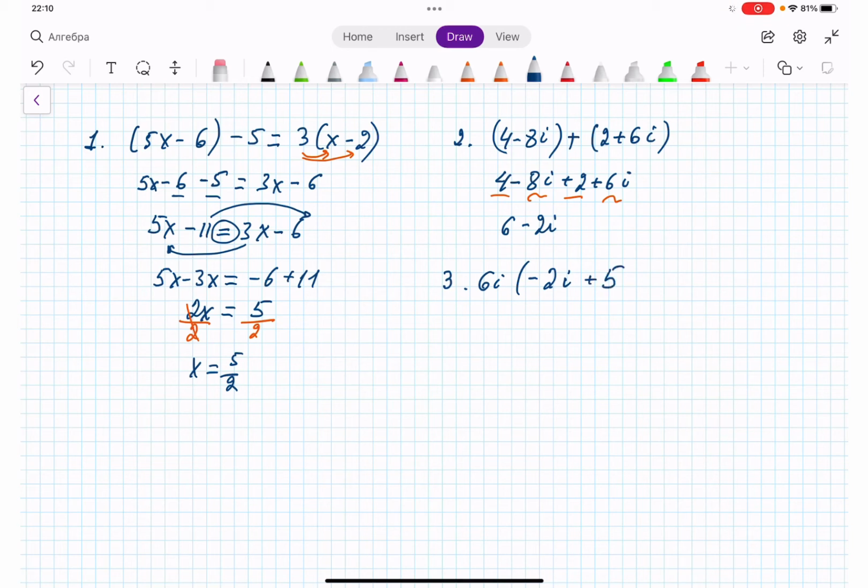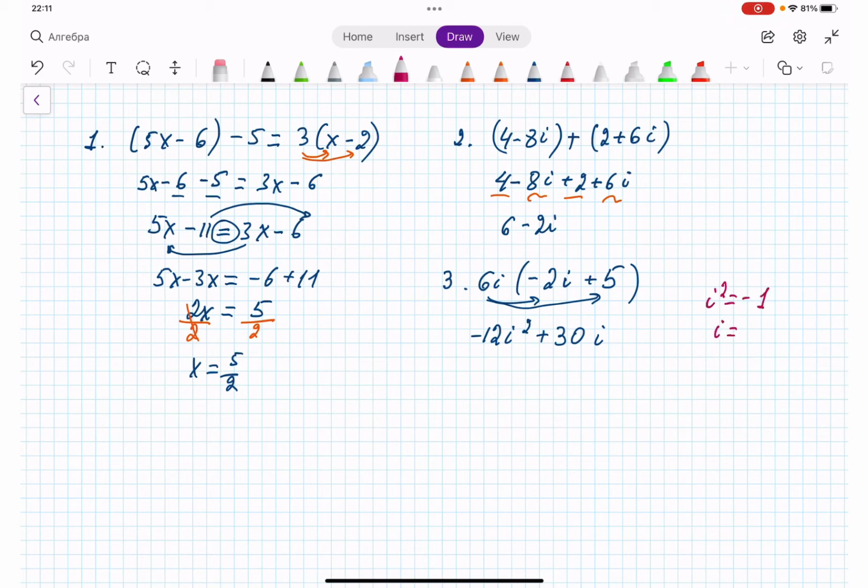Okay, let's distribute. So 6 times negative 2i, it's going to be negative 12i squared, right? And 6i times 5, it's going to be plus 30i. Yes? Okay, let me remind you that i squared is equal negative 1.